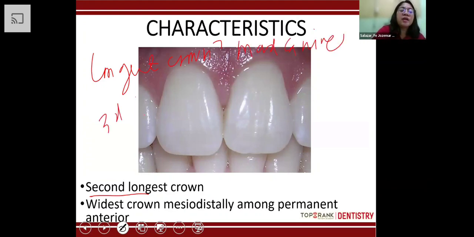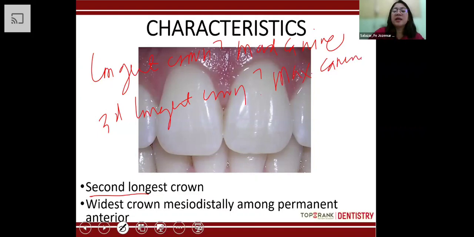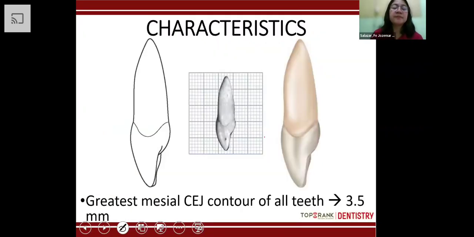What's the third longest crown? Kung second ang maxillary central. Yes, your maxillary canine has the third longest crown. And it has the widest crown mesiodistally among anteriors only. The widest crown mesiodistally among your anteriors.